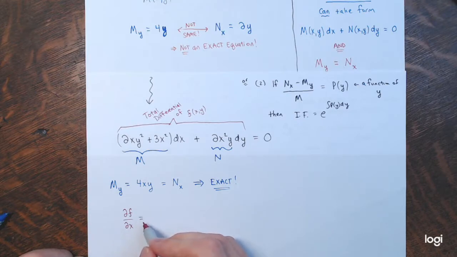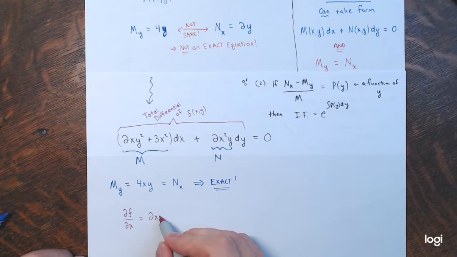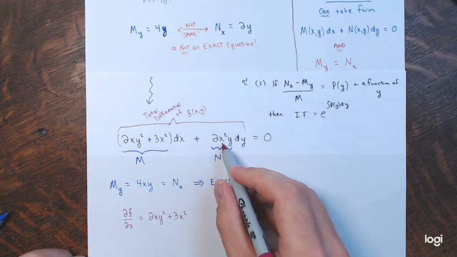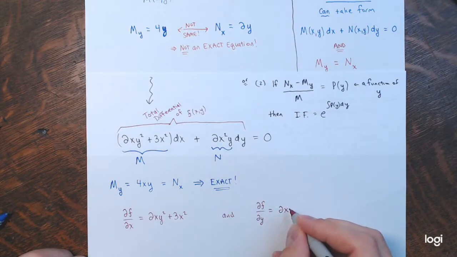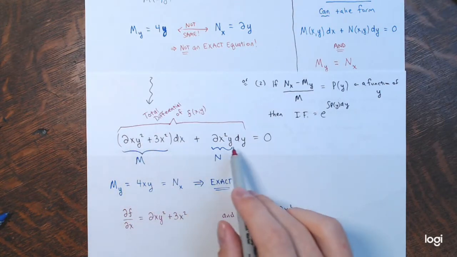So the partial of f with respect to x would be 2xy squared plus 3x squared. And the partial of f with respect to y would be the N, the 2x squared y. Using this information, I can find what form a function f whose total differential is this side should take.